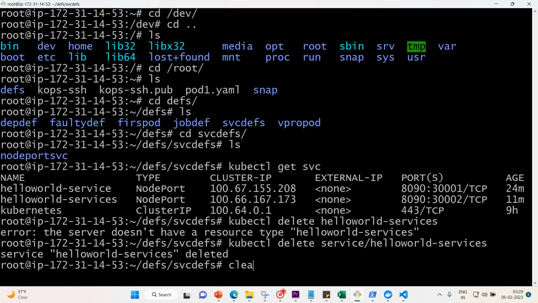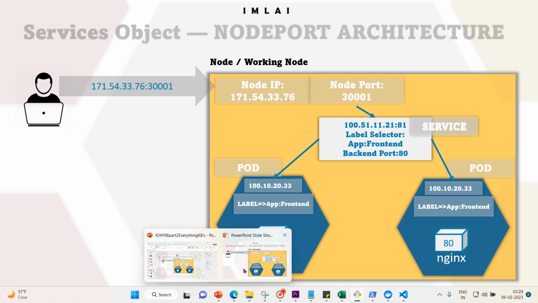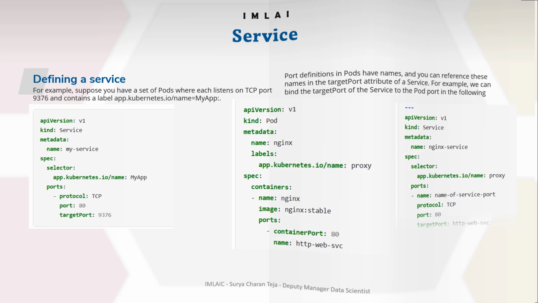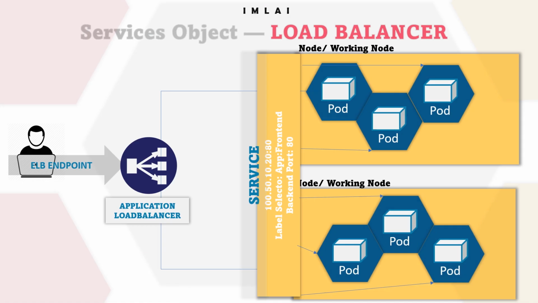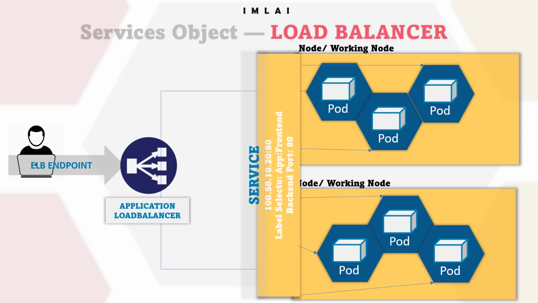So now let's clear the screen and let's write load balancer. Before we write that, let's get into our theoretical concepts. Service, node port. So now it's time to look into load balancer.